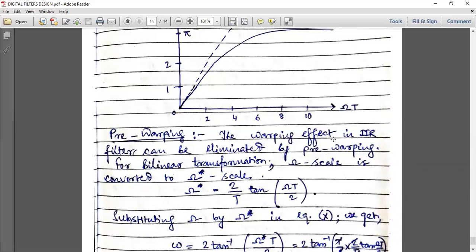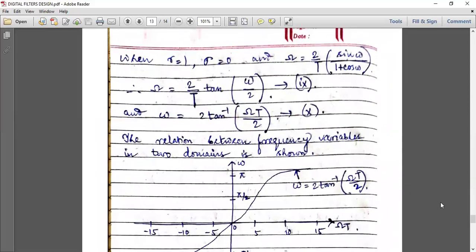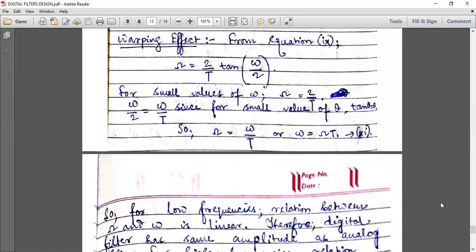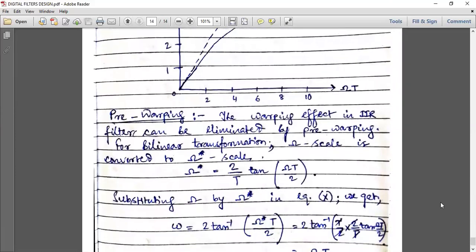Now if you substitute ohm by ohm star in equation 10, in place of ohm I'll write ohm star, putting in its value. So we get omega equal to 2 tan inverse of ohm star T by 2, where ohm star is 2 by T tan ohm T by 2.